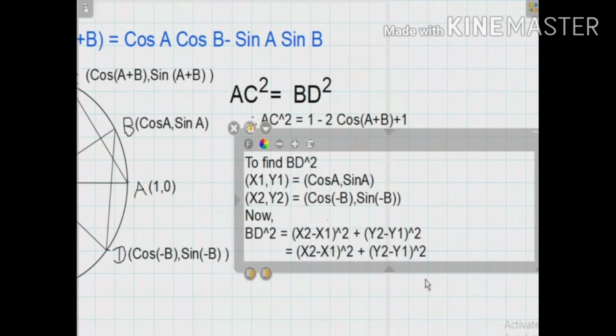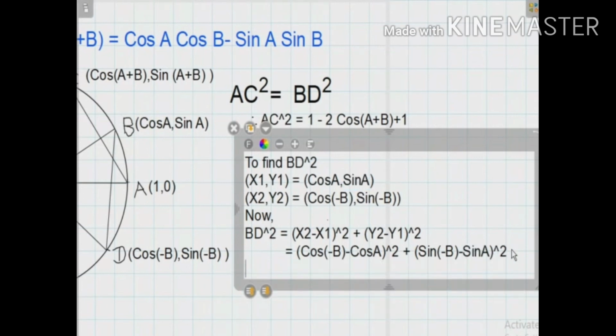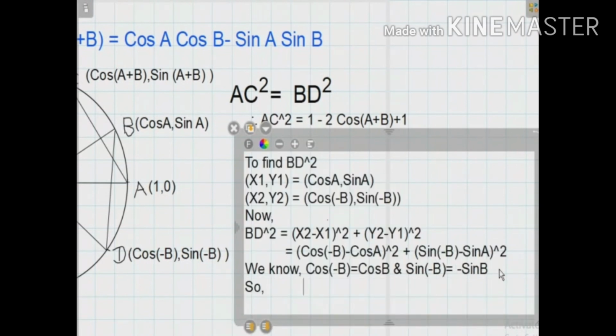And replacing values, we get BD square is equal to (cos(-B) minus cos A) square plus (sin(-B) minus sin A) square. And now we also know that sin of negative A is negative sin A and cos of negative A is positive cos A. So replacing that, BD square is equal to (cos B minus cos A) squared plus (negative sin B minus sin A) squared.